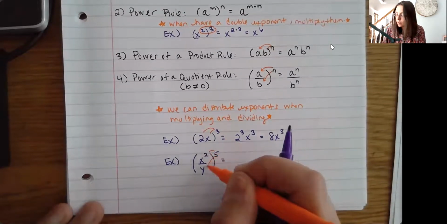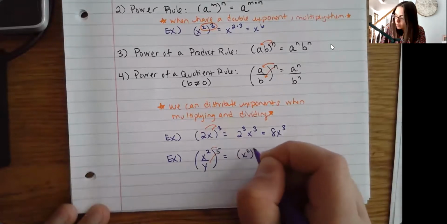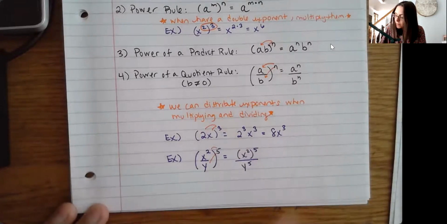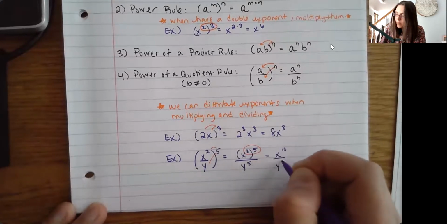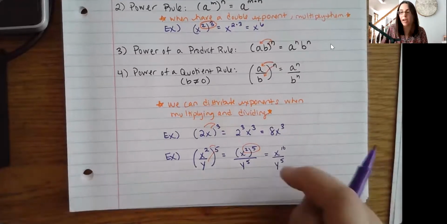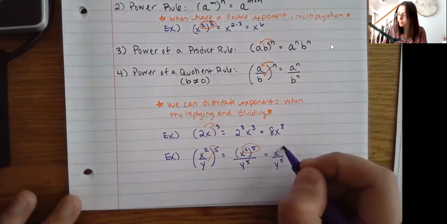Again, I can go ahead and distribute that in. So I have x squared to the fifth over y to the fifth. And within here too, I can also apply that other rule and multiply those. We are done. I can't combine these or anything because I have different bases. So if I have different bases, I do have to stop here. So there's my example.